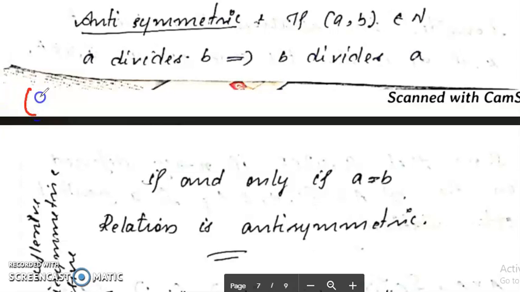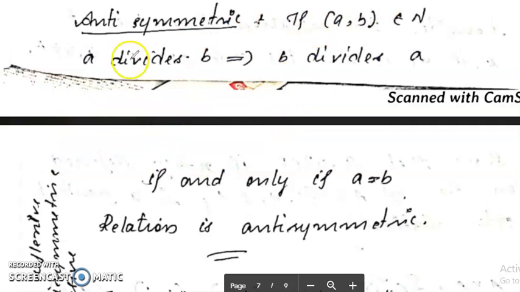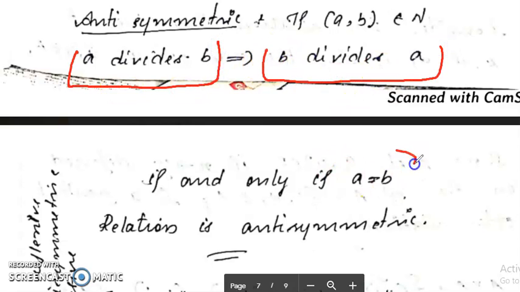If I take like this, 2 divides 2. Even if you interchange, 2 divides 2, that means A is equal to B. Or you can take 4 divides 4 and here A is equal to B. That's the only possibility. That is, A divides B implies B divides A means A should be equal to B.